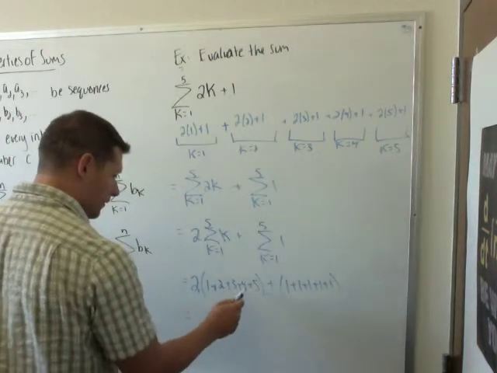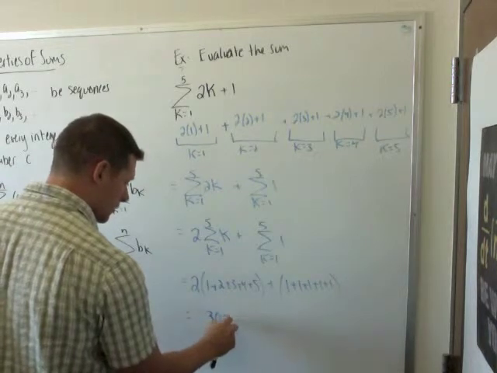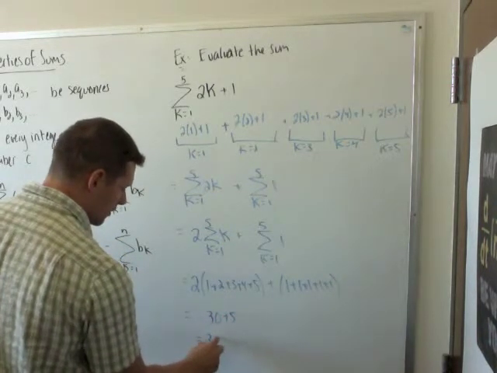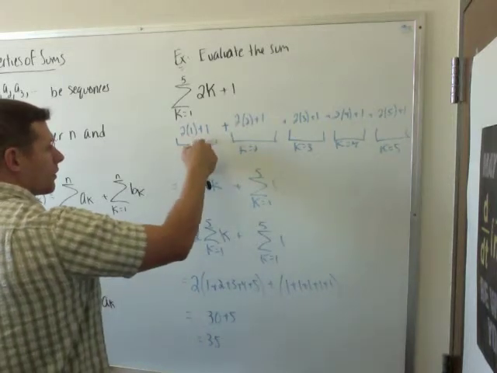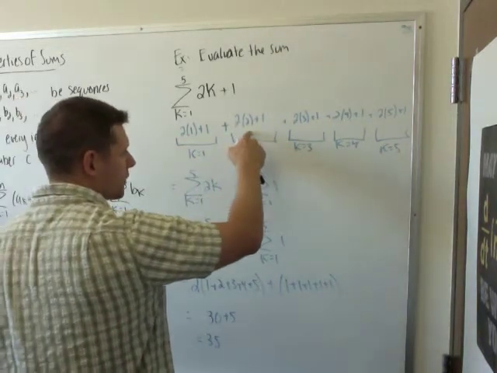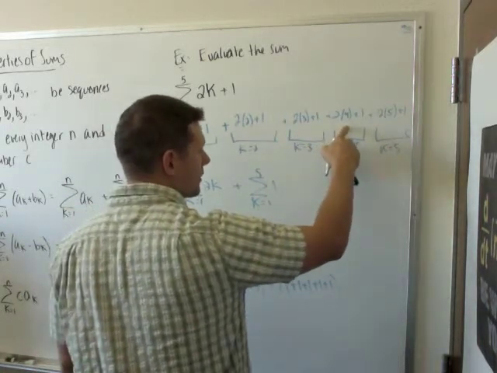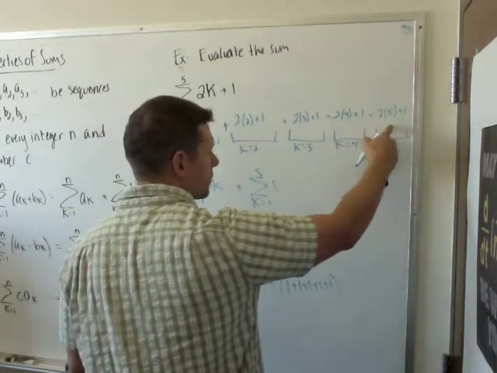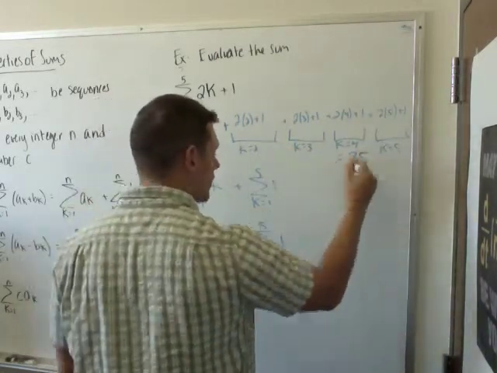So here I get 5, 10, 15, 30 plus 5 equals 35. Should be the same thing here. 3 and 5, 8, 8 and 7 make 15. 15 and 9 is 24. 24 and 11 is 35. Okay? Doesn't matter which way you do it.